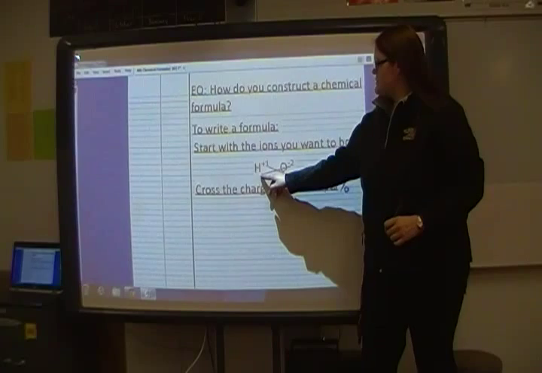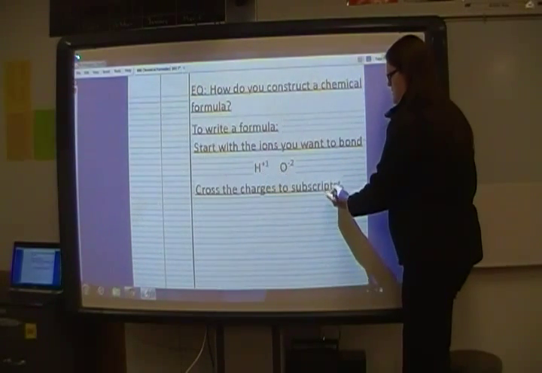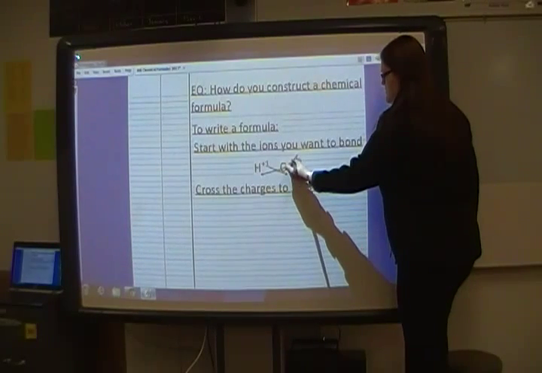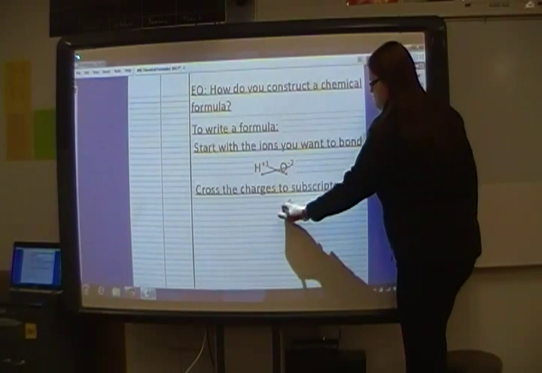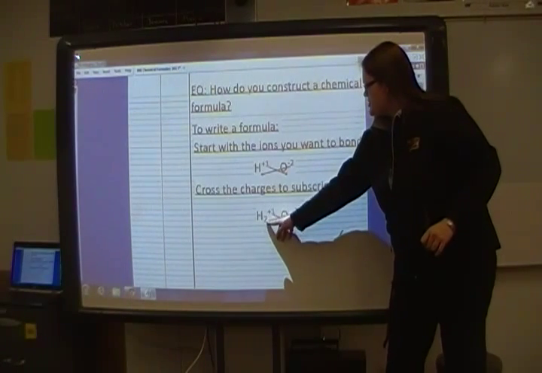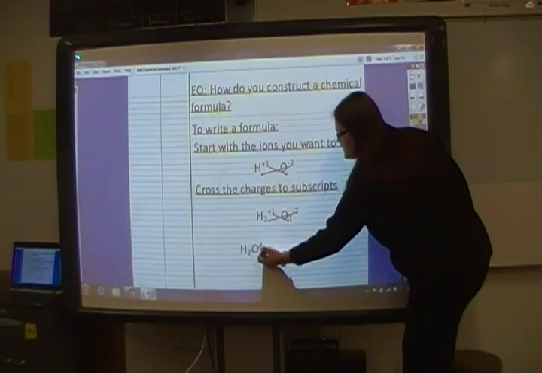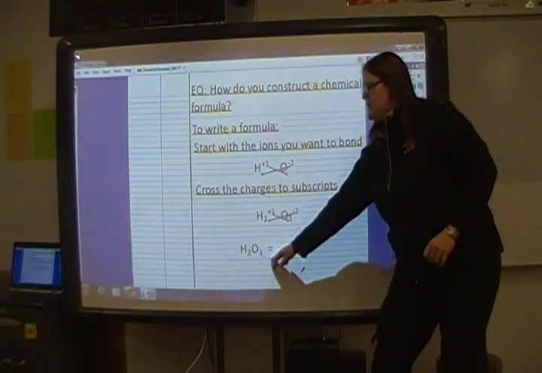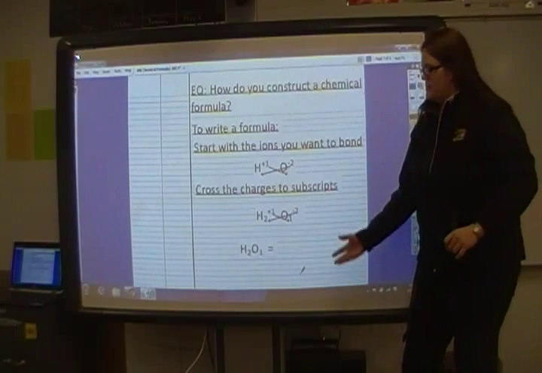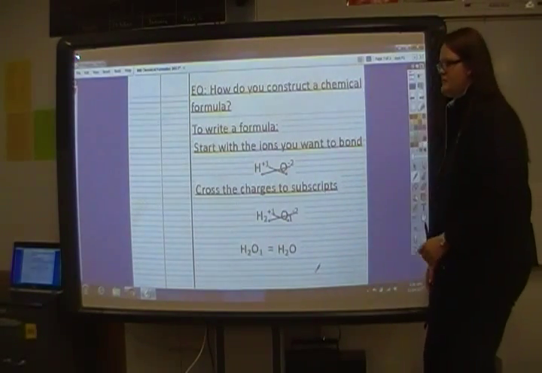We'll bring the 2 down below the H and the 1 down below the O, to give us H2 and O1. So when we write that as a formula, it's going to look like this, H2O1. But we don't call it that. We simply call it H2O.